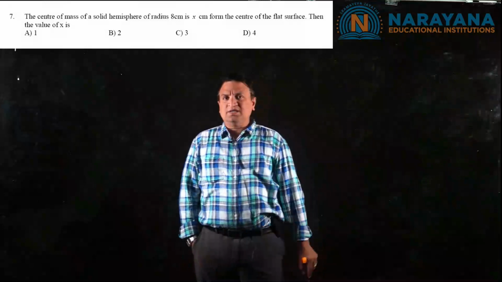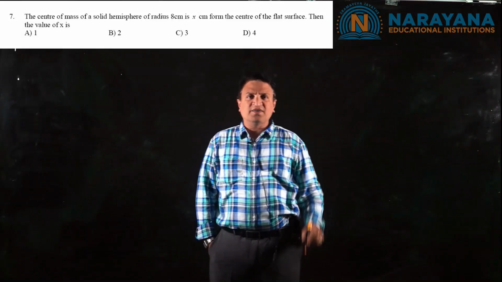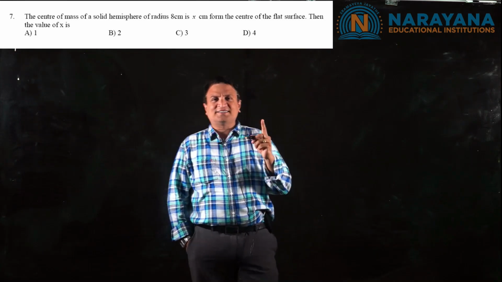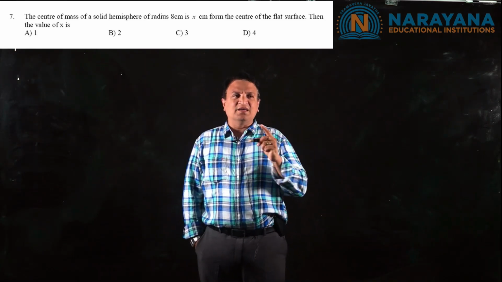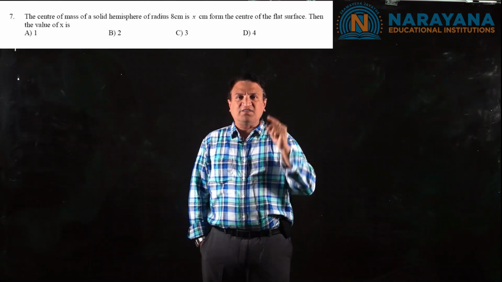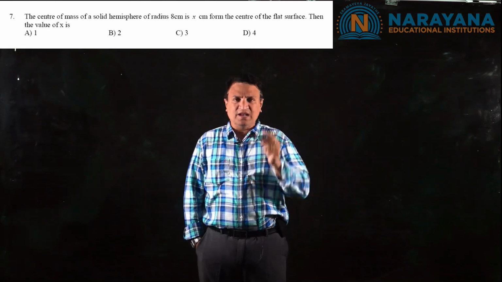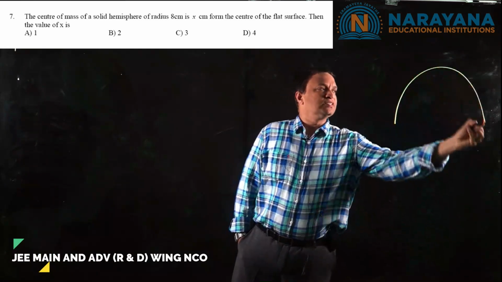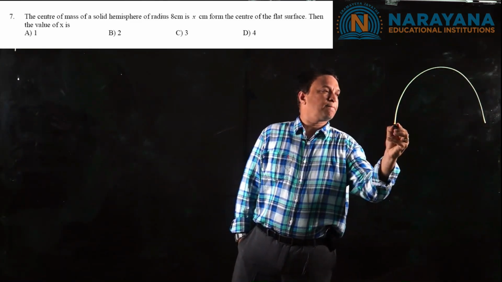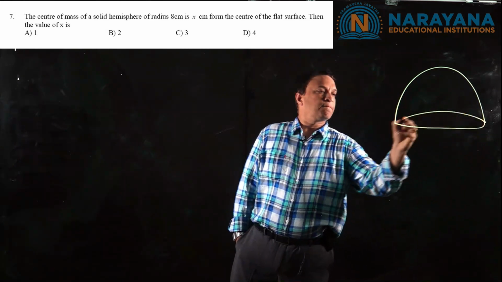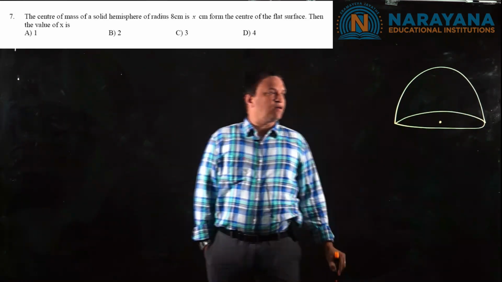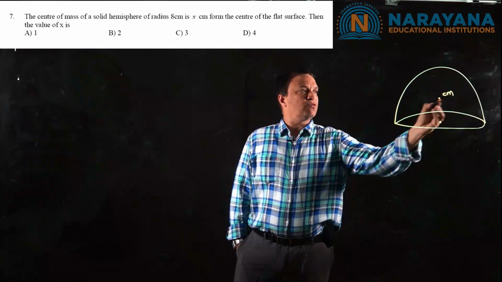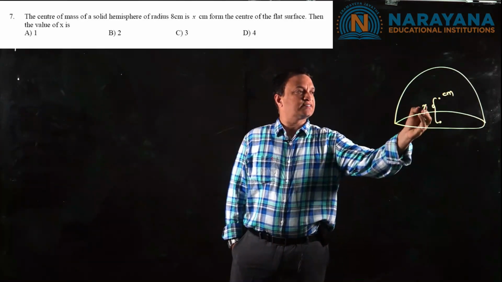In this question it was given that the center of mass of a solid hemisphere of radius 8 centimeter is x centimeter from the center of the flat surface. Then the value of x is? I will explain this. If this is the hemisphere, and this is the center of the base, the center of mass lies over here, at a distance x.